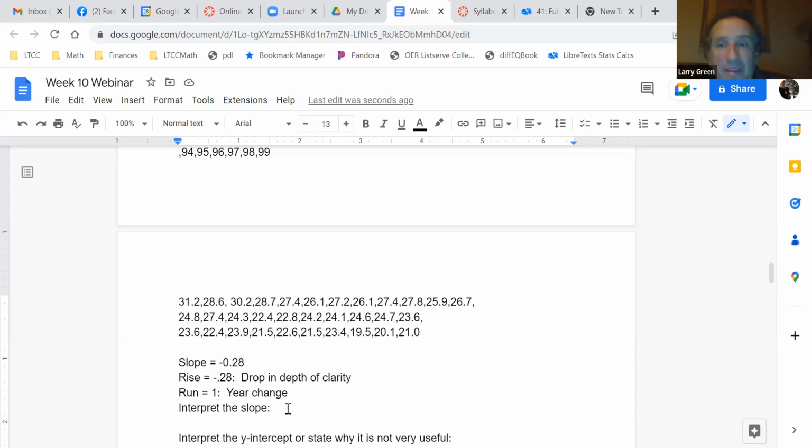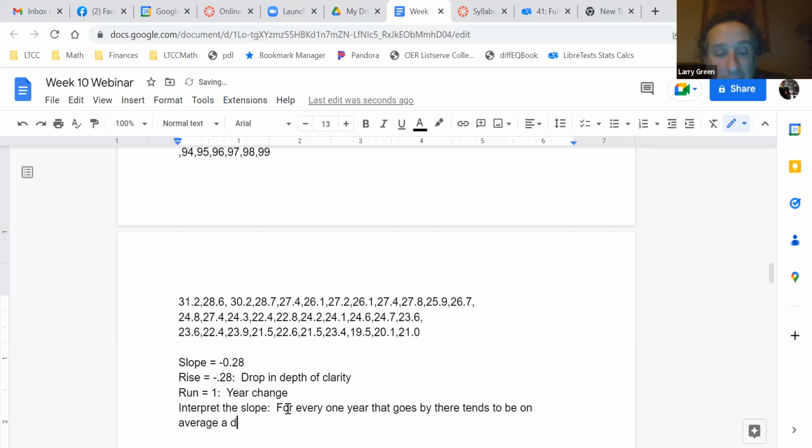So now we can interpret the slope. So what we're going to say is that for every 1 year that goes by, that's the run equals 1, x changed by 1, there tends to be, on average, a decline in lake clarity by 0.28 meters.